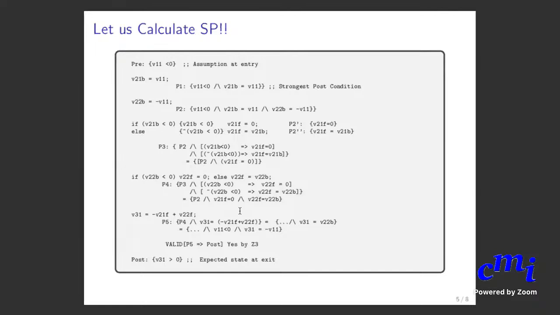And if V21B is not less than 0, that's the else part, then your V21F will be this one. And that's how you do it. This is what Hoare rules will tell you, how to do it for an arbitrary statement in terms of the strongest postcondition that you compute for the components.